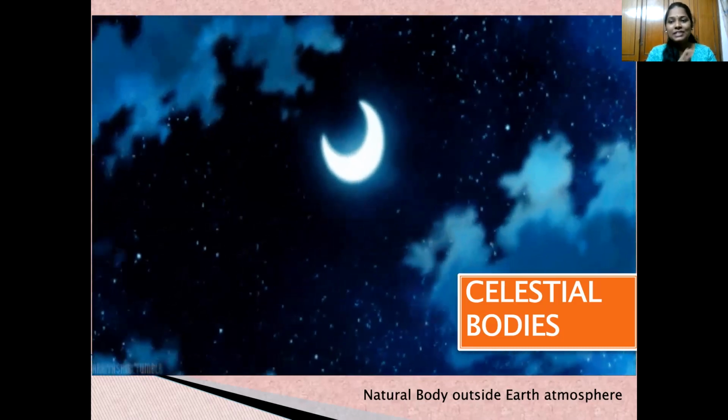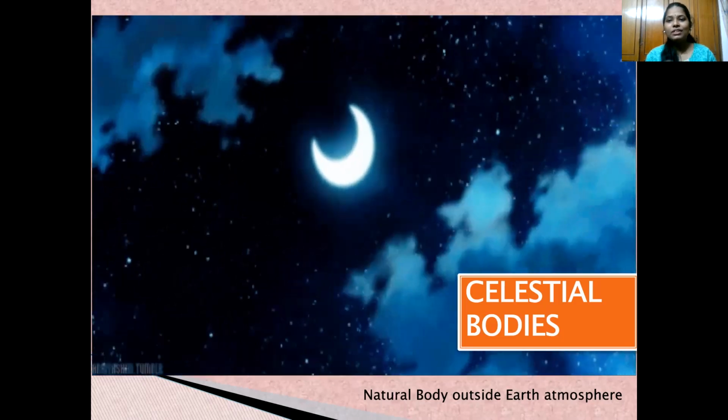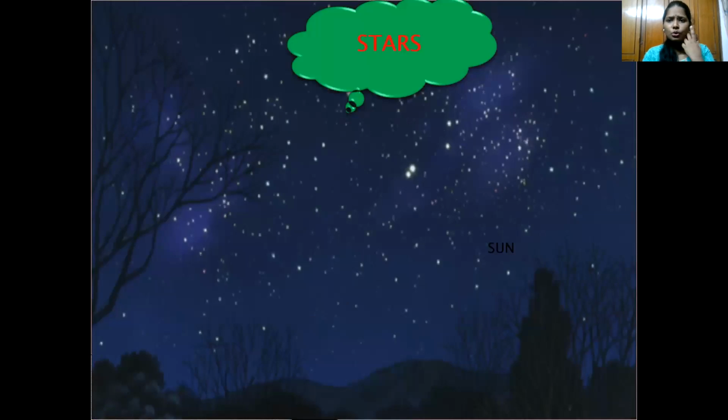Starting with the beautiful thing which we generally love to see, that is the star. So what are stars? We see them at night. It is actually very big. When we see it at night, it looks very small, but actually it is very big.